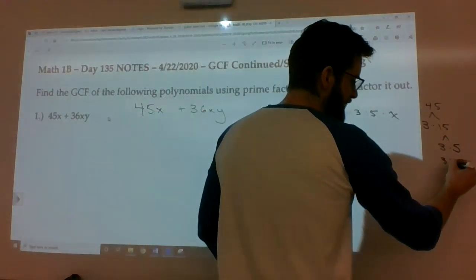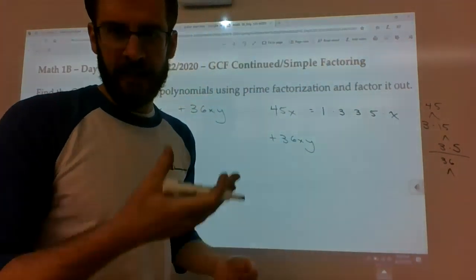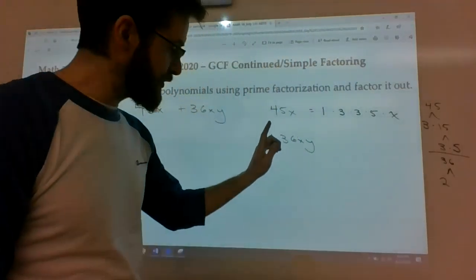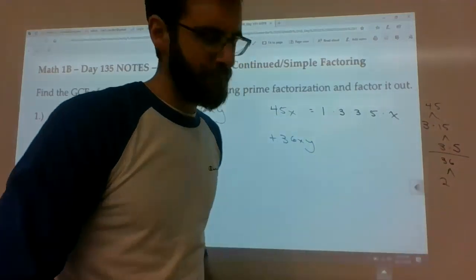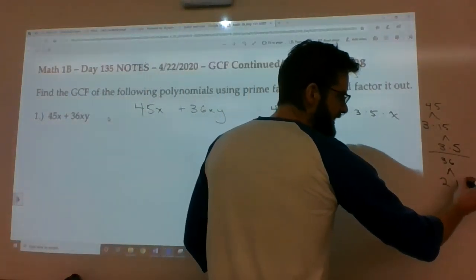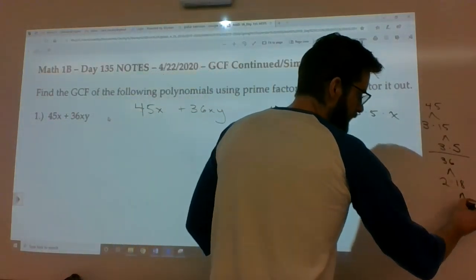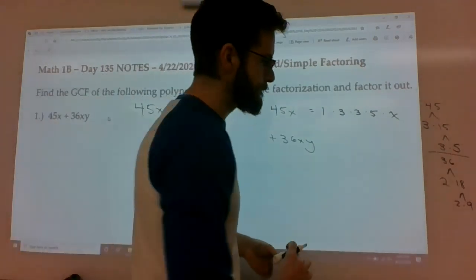When you break 36 down, it is even. If they're even, just keep cutting it in half, all right? That way, all the prime factors will be sort of like on the left part. So 2 times 18. 18 still even. 2 times 9. And then 9 is just 3 times 3.